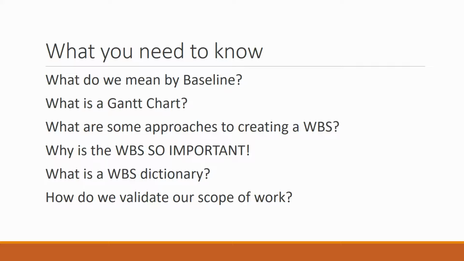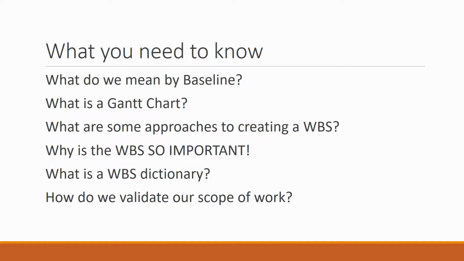You want to know some approaches to creating a work breakdown structure, but most importantly, why is a WBS so important? We are going to be diving into the work breakdown structure throughout the class. And how is a work breakdown structure used to report status to a project?